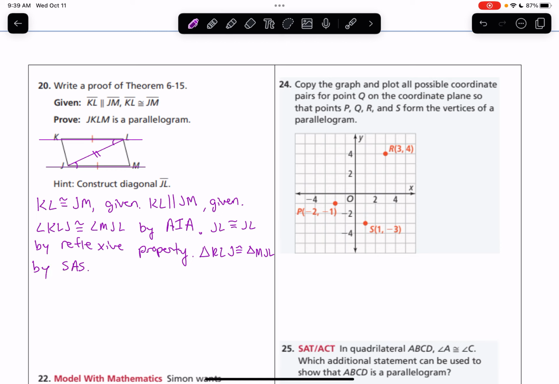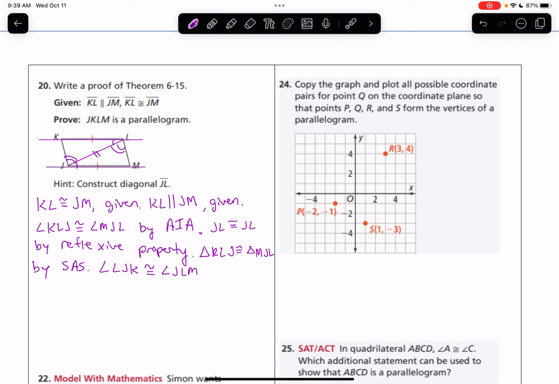Since those triangles are congruent, I know that KJ is congruent to... well, I'm actually not going to do KJ and LM. I'm actually going to use angle LJK. Angle LJK is congruent to angle JLM.